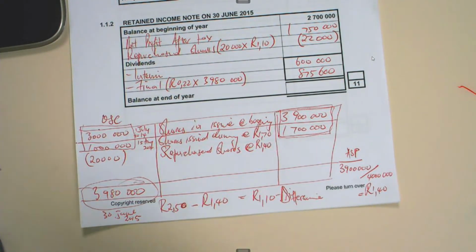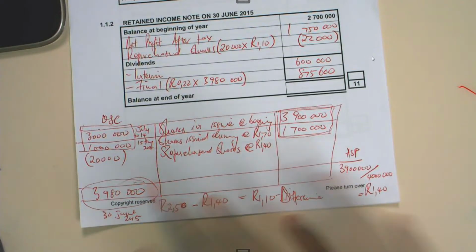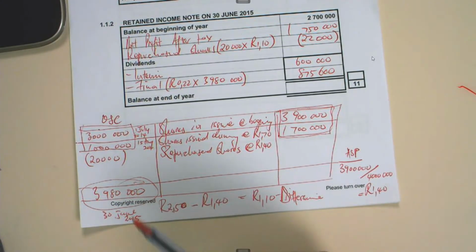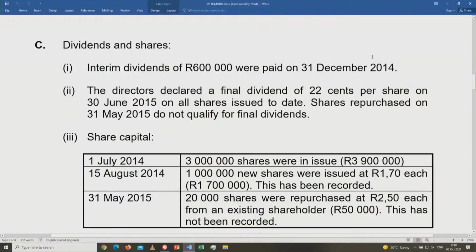Then, okay, just before I wrap up the if here, they said shares repurchased do not qualify for the final dividend.